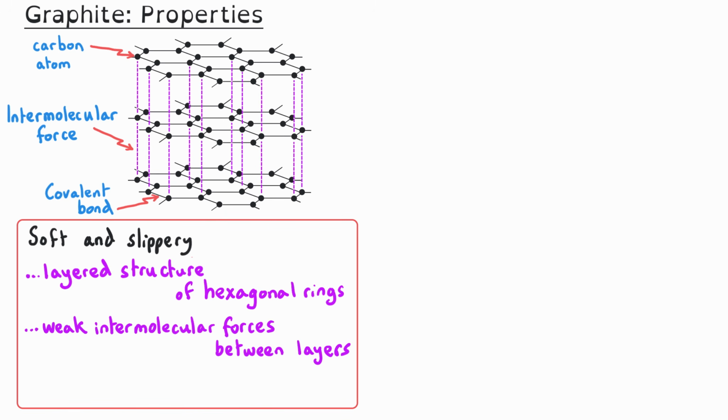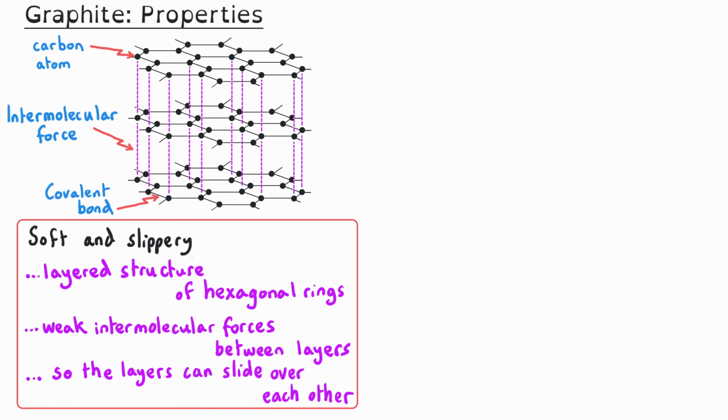There are only weak intermolecular forces between these layers, so this means weak forces of attraction and no covalent bonding. And therefore, the layers can slide over each other and separate. This also makes graphite really useful in pencils for making a mark on paper. When you use it in this way, you are literally rubbing or breaking off a layer of the graphite onto the paper.